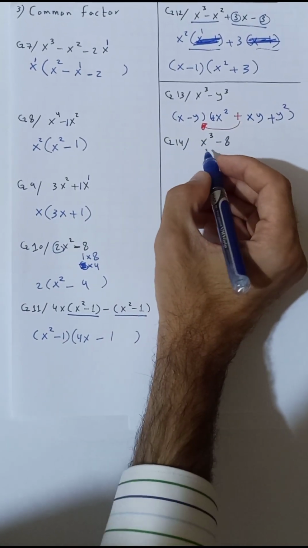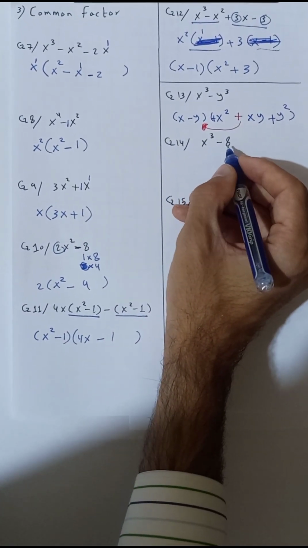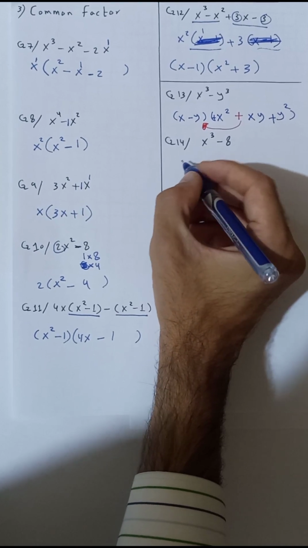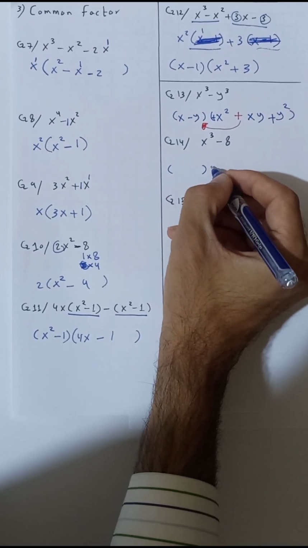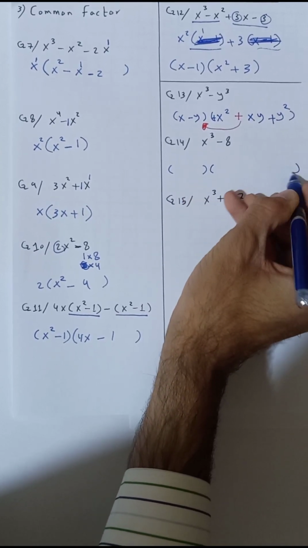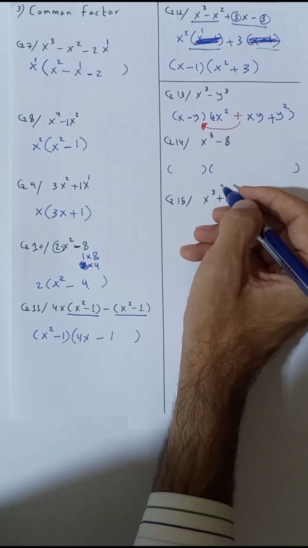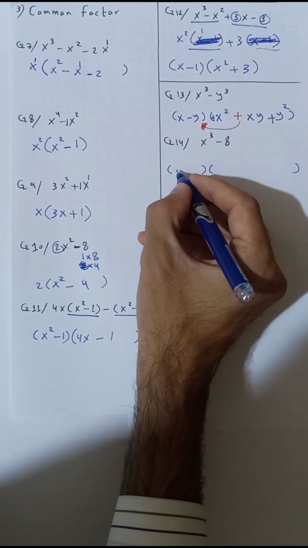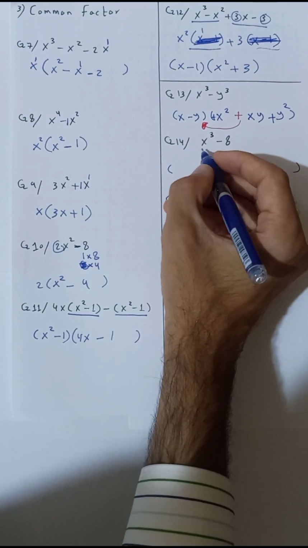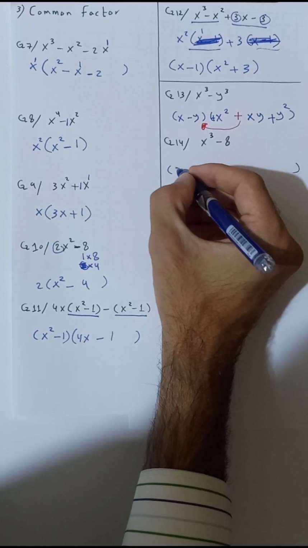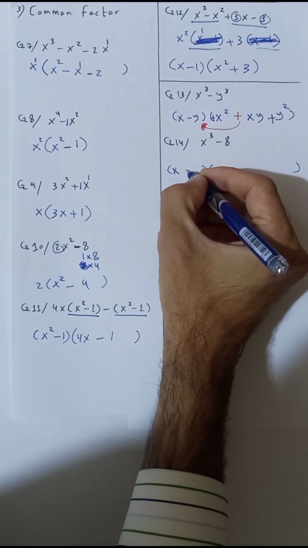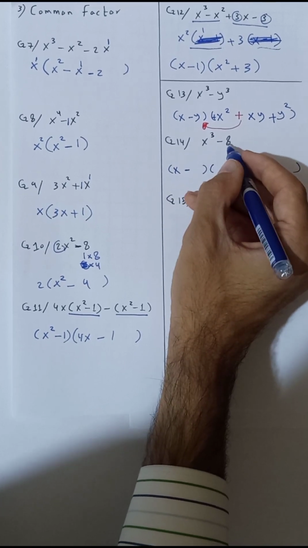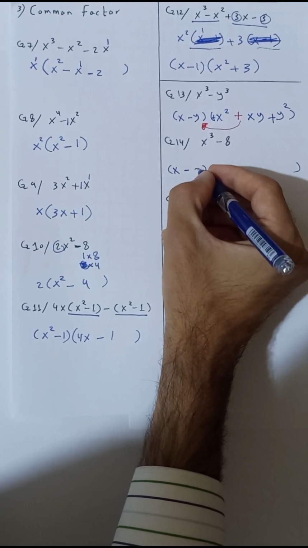Question 14, we have 2 cube terms. We're gonna use formula. We're gonna open up 2 parentheses, one small, one big. Cube root is x minus cube root of 8 is 2.